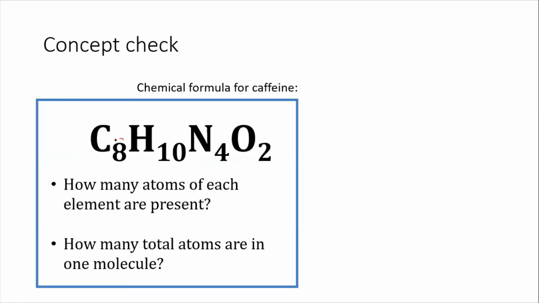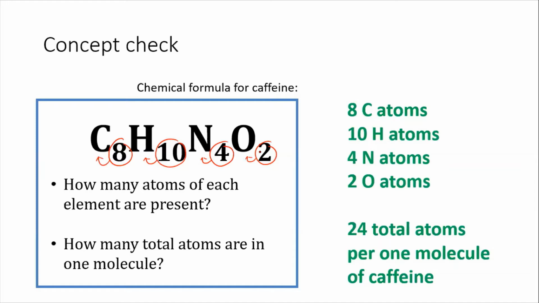The 8 applies to the carbon, the 10 applies to the hydrogen, the 4 applies to the nitrogen, and the 2 applies to the oxygen. So there are 8 carbon atoms, 10 hydrogen atoms, 4 nitrogen atoms, and 2 oxygen atoms. If you add those all up, you get 24 total atoms per 1 molecule of caffeine.